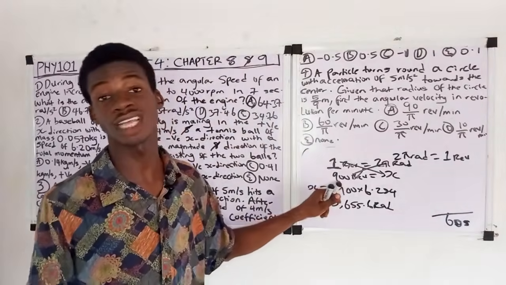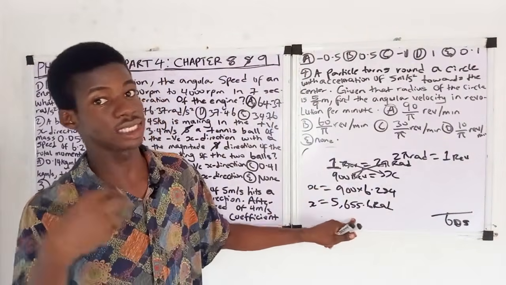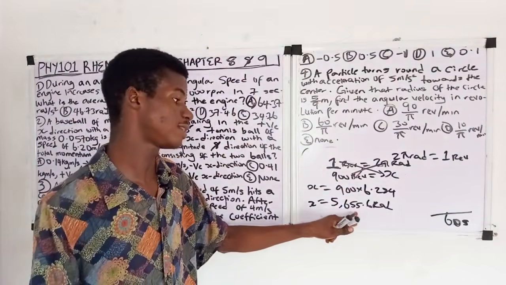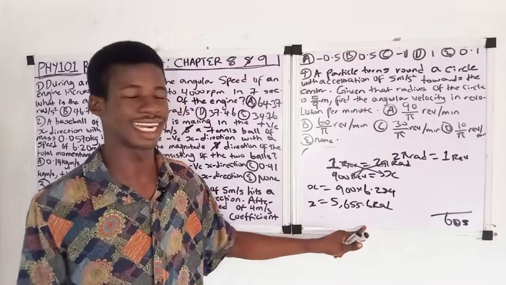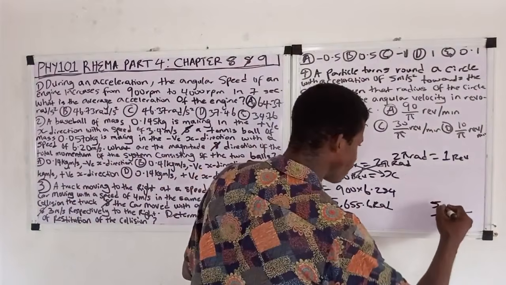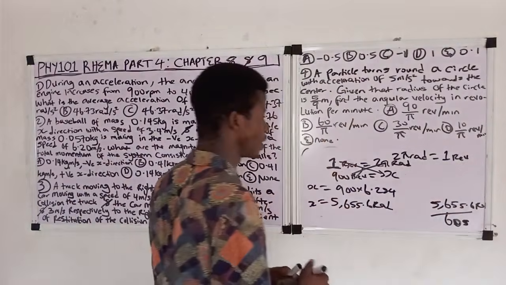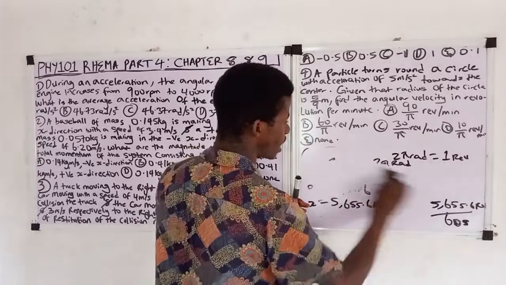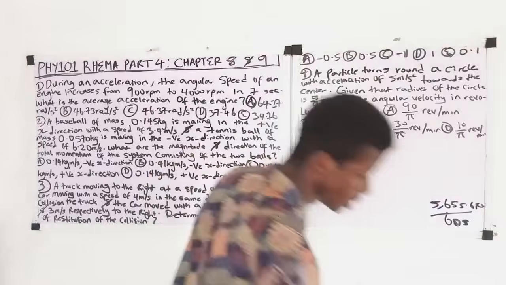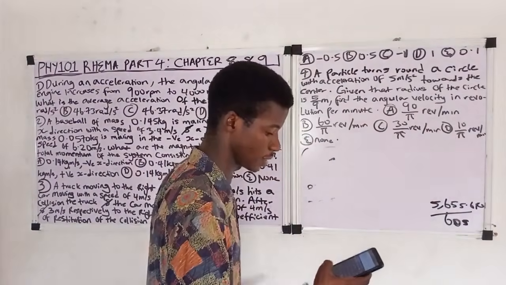Okay, so we have successfully converted 900 revolutions to radians. So 900 revolutions is the same as 5,655.6 radian, right? Then we take our answer and divide by 60 seconds.